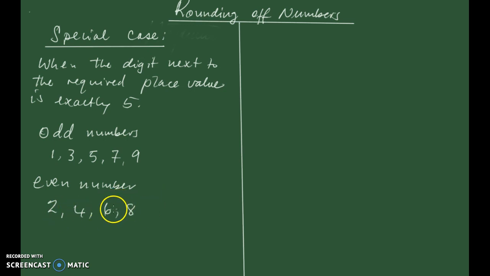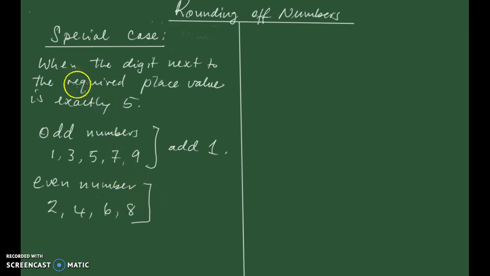So, simple like this. When we have odd numbers, and the number next to the required digit is 5, then here you will add 1. But if we have an even number, and the number next to it is 5, you leave unchanged.